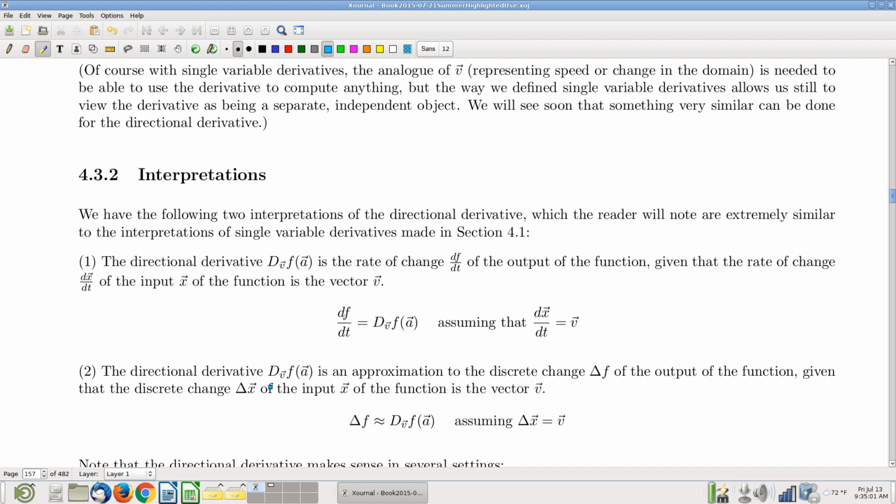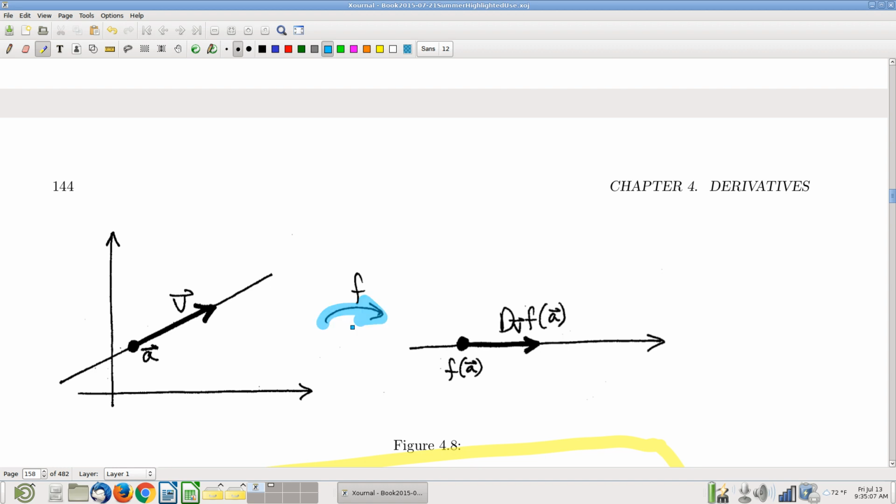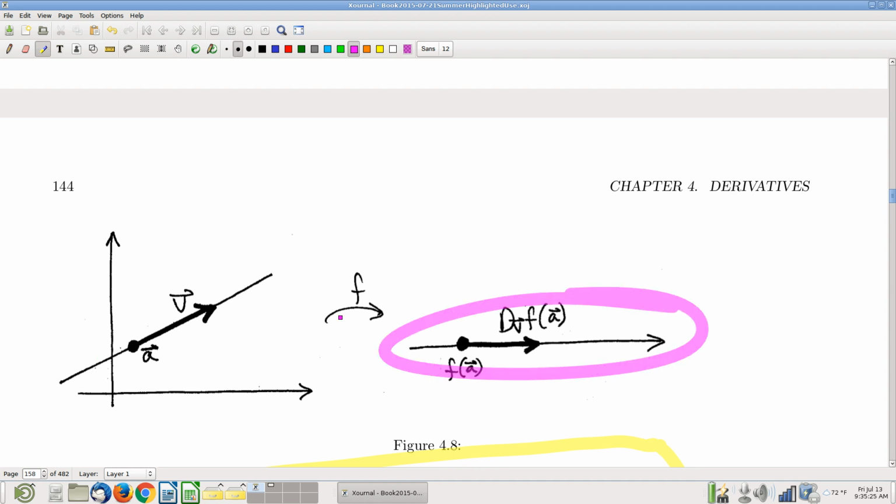Okay. Some special cases. Suppose that your function is real valued. Well, keep in mind what a directional derivative is. Directional derivative says, input vector, corresponding output vector. So if your function is real valued, that means it's a multivariable function, but the function represents just a scalar value, some quantity.